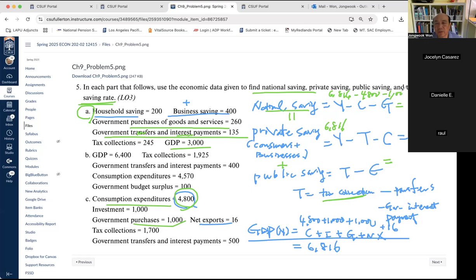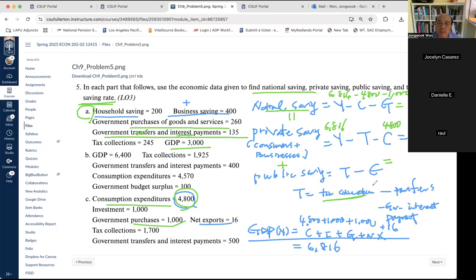So you solve the first one: national saving is how much? 1,016? You solve this one, okay? Next, C is 4,800. We'll have to reverse this one.